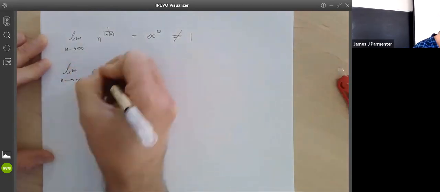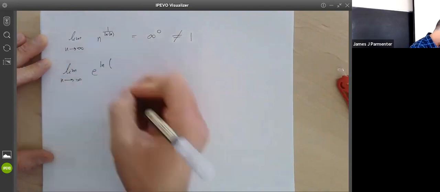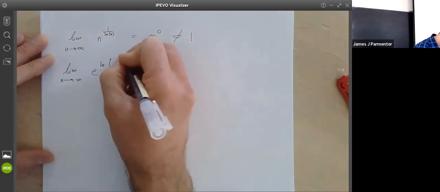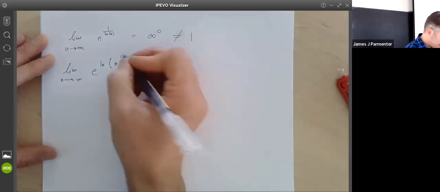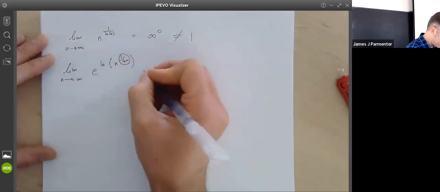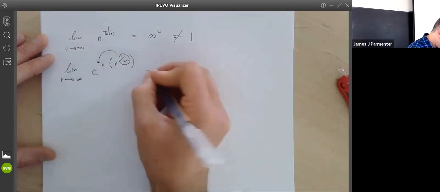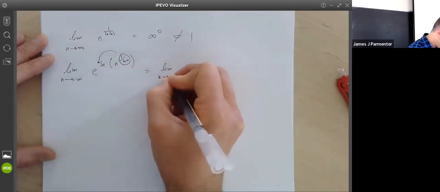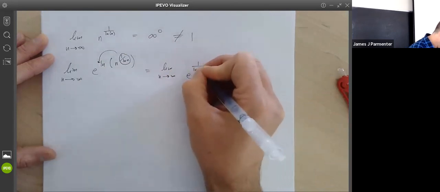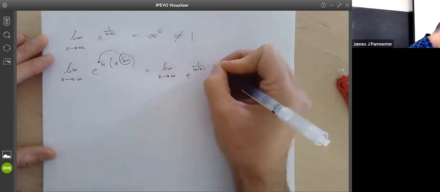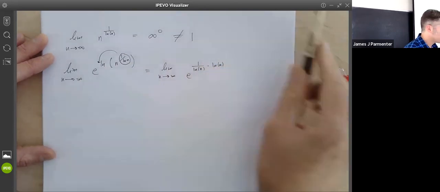If we do e to the natural log of n to the 1 over natural log of n, look what happens. The 1 over natural log of n power comes down in front. So you get the limit as n goes to infinity of e to the 1 over natural log of n times natural log of n.